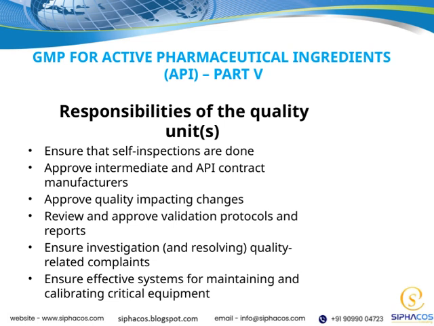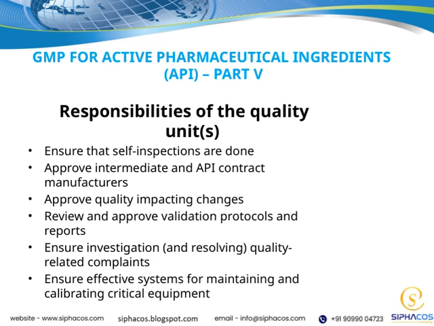The quality unit is also responsible for ensuring investigations into quality-related complaints are carried out thoroughly and that issues are resolved promptly. Addressing complaints effectively helps us prevent recurrence and improve our processes. Finally, they must ensure effective systems are in place for maintaining and calibrating critical equipment.